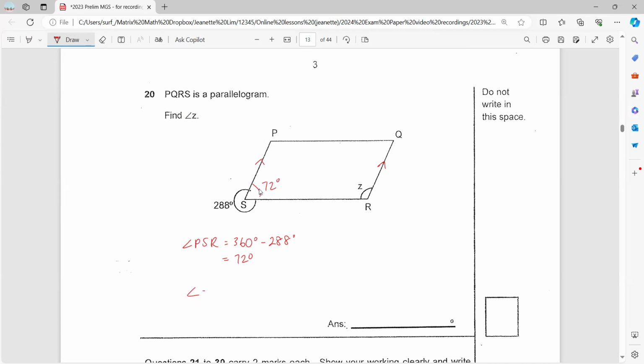Then to find angle Z, we'll take 180 minus 72 degrees, which is 108 degrees. So angle Z is 108 degrees because these are interior angles. They add up to 180.